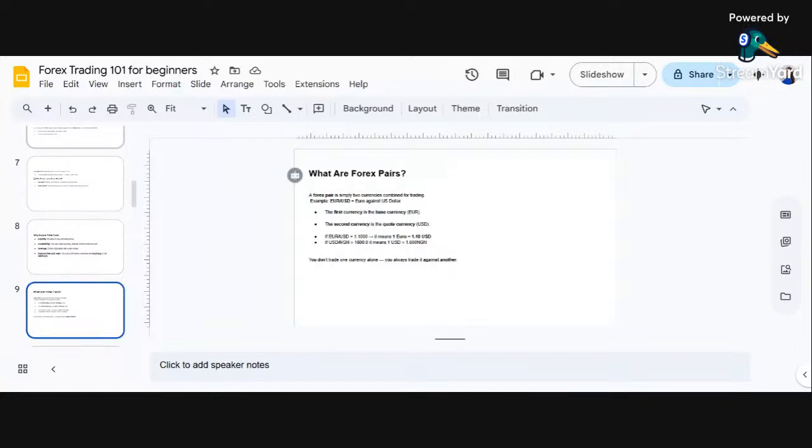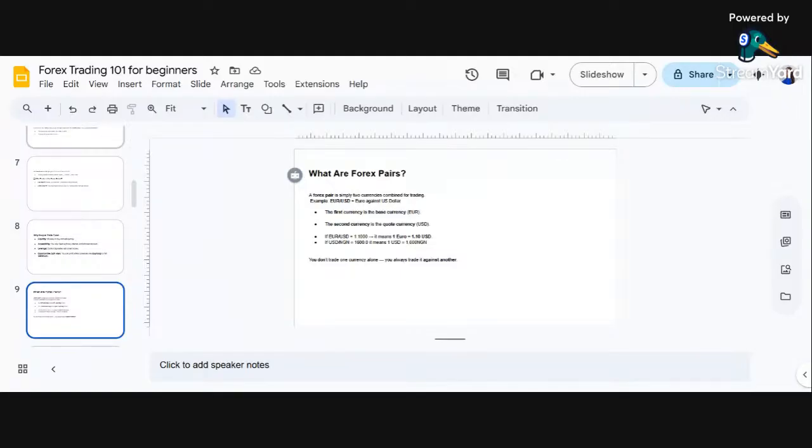So what are forex pairs, right? Like I explained to you before, we have different types of pairs. We have a lot of pairs. Like I told you, USD NGN, that means buying the USD using naira, and EUR USD, buying euro using dollar.